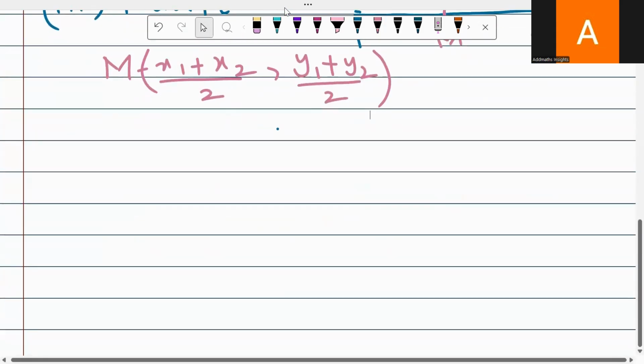Fourth is the condition for lines to be parallel.